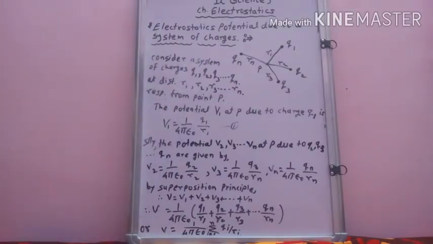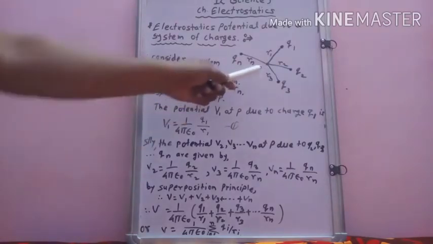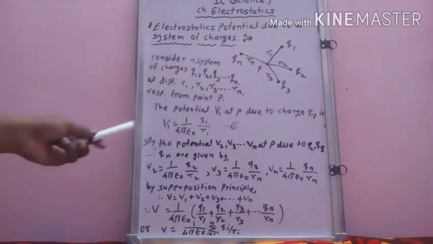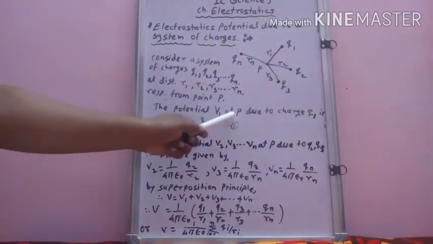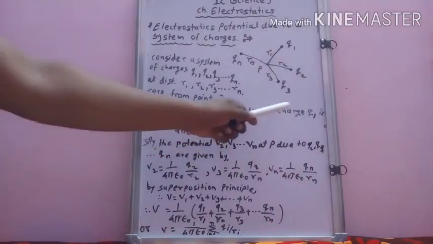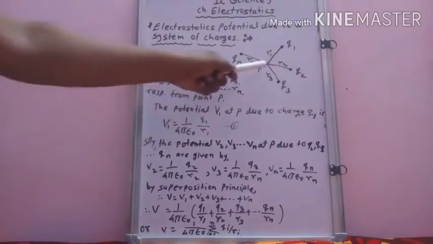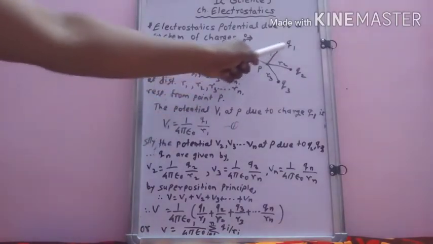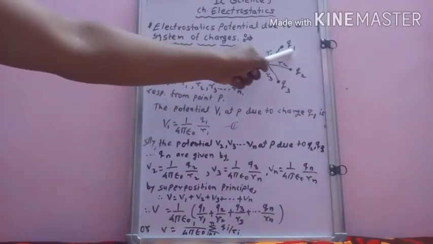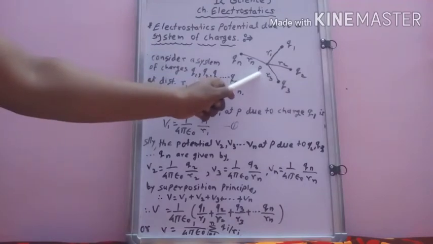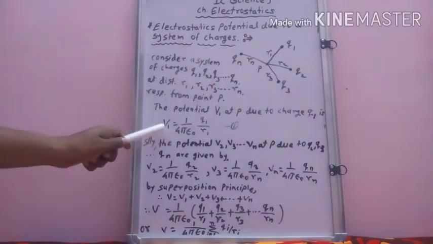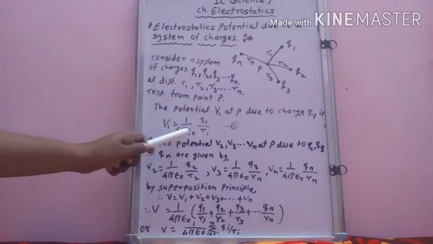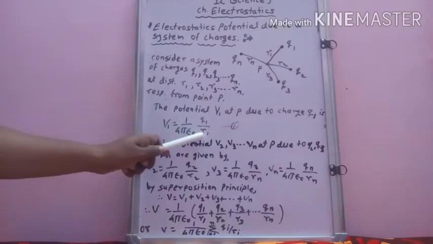In the last lecture, we determined the electrostatic potential due to a point charge. Then we know that the potential V1 at a point P due to charge Q1 is V1 equal to 1 upon 4 pi epsilon naught Q1 upon R1.